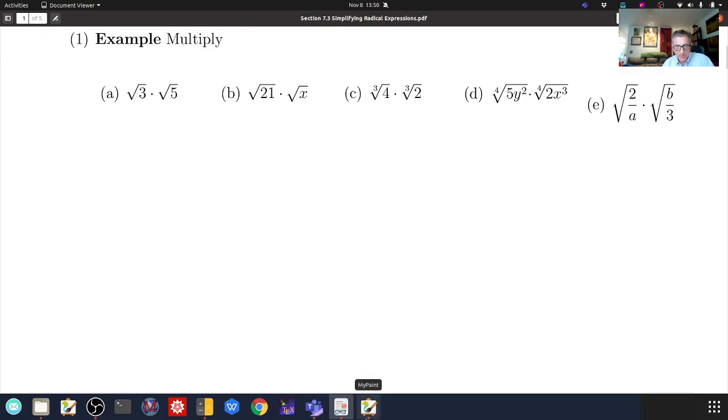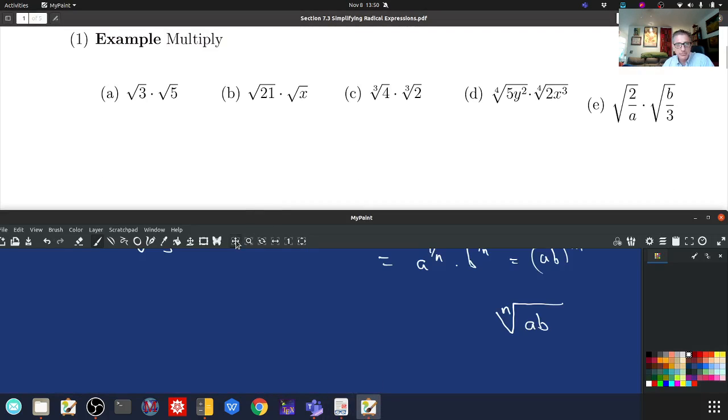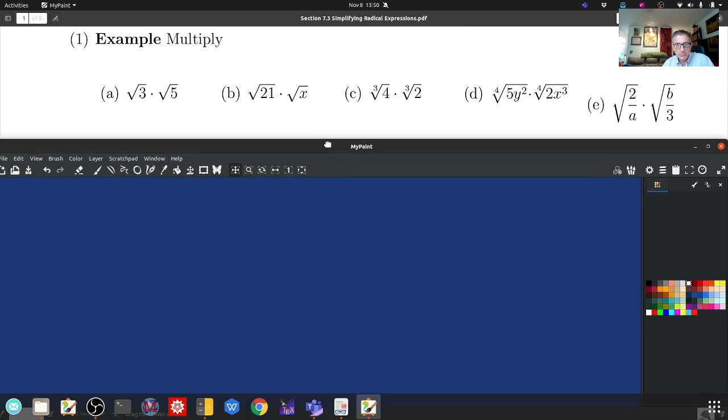So let's do a few exercises. Remember, when no index is written, it's assumed to be 2. So the square root of 3 times the square root of 5, if we really wanted to write it that way, has index 2 and the number under the radical is 3, and index 2 with the number under the radical 5.